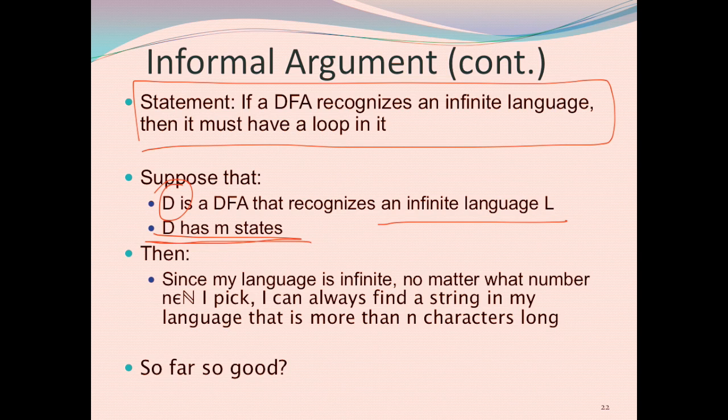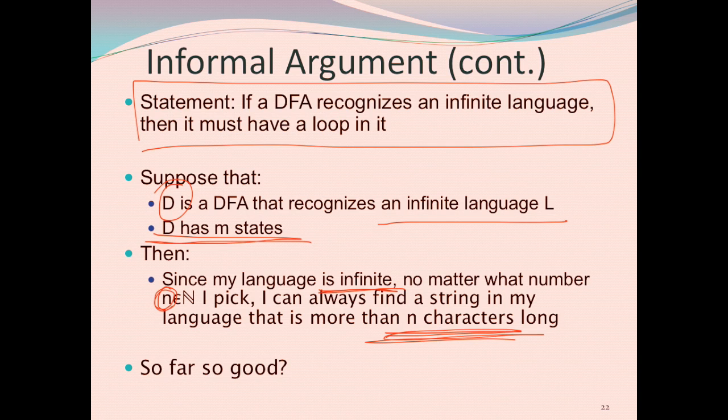Now, my language is infinite, right? If it's an infinite language, then I can pick any number. Let me pick the number 72 or the number 648. Whatever number I pick, I can always find a string in my language that has more than that many characters.